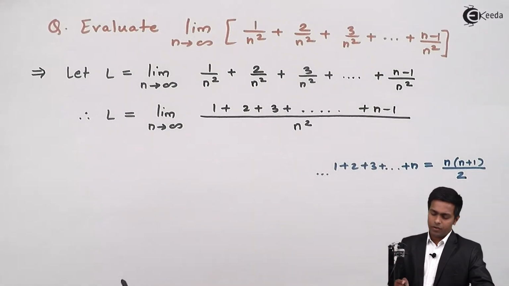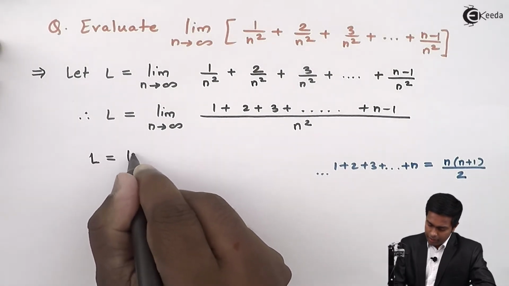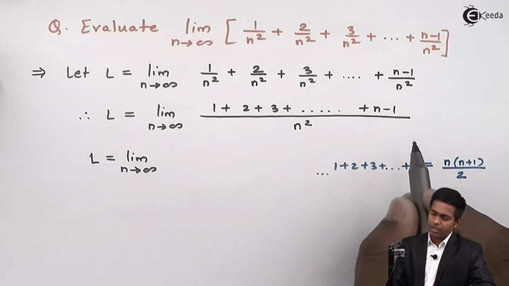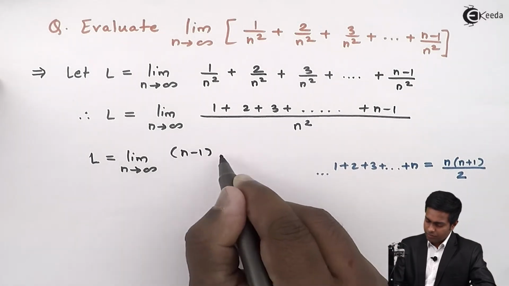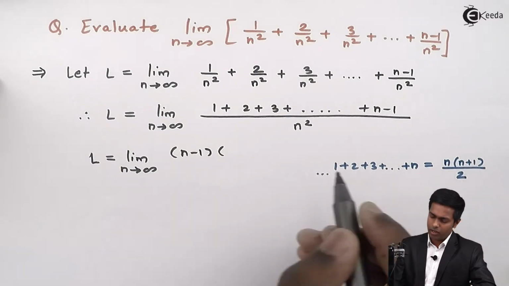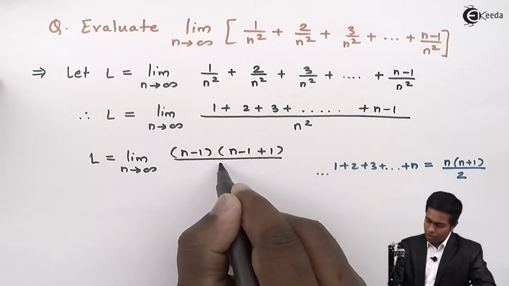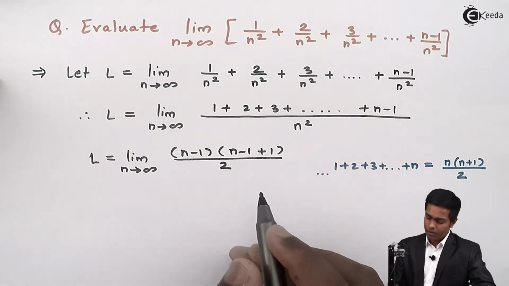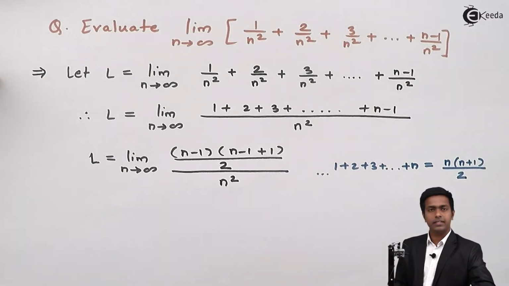So L equals the limit as n tends to infinity of n minus 1, and in the bracket n becomes n minus 1 plus 1, upon 2. That is the substitution for the series in the numerator, whole upon n square in the denominator, which stays as it is.